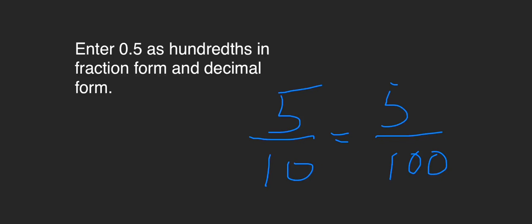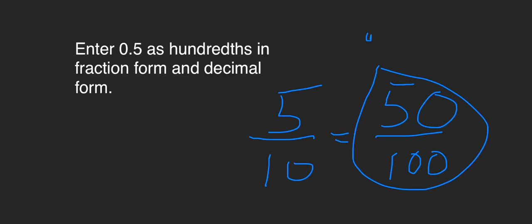It's 50. 0.5 is a half, right? 5 is half of 10. 50 is half of hundredth. So 0.5 as hundredths in fraction is right here. And as a decimal, it's right here. Once you have the fraction, the decimal is the numerator.